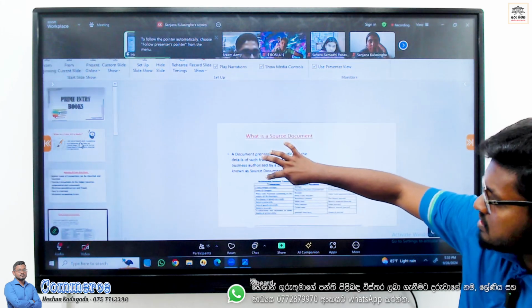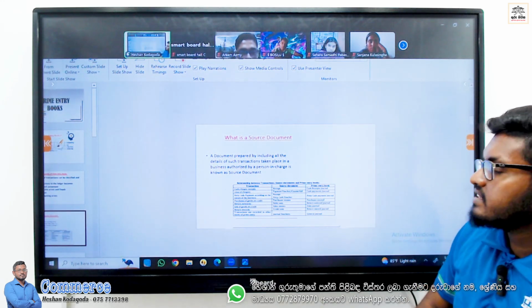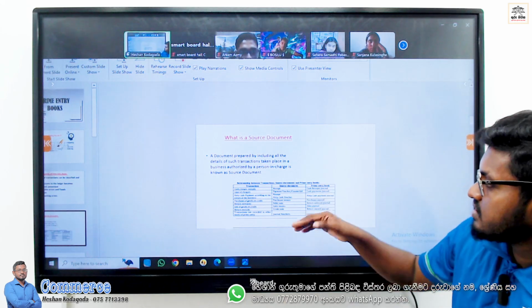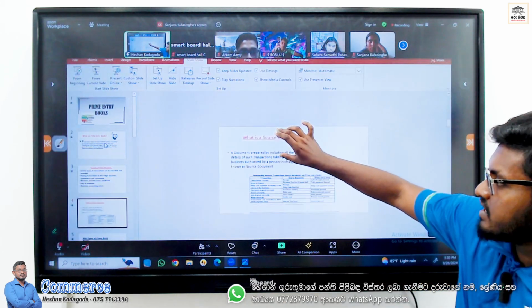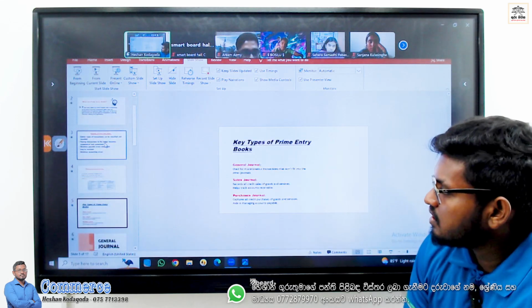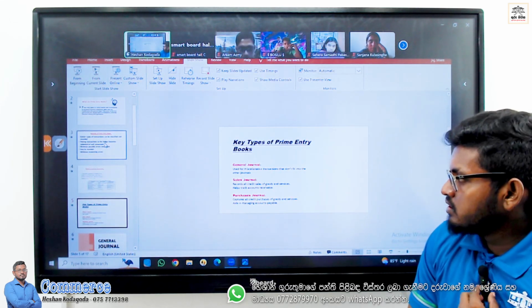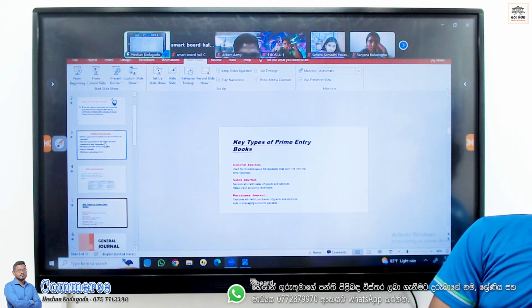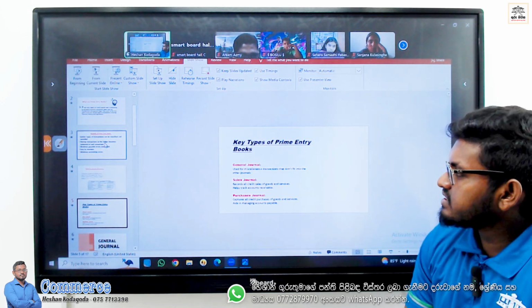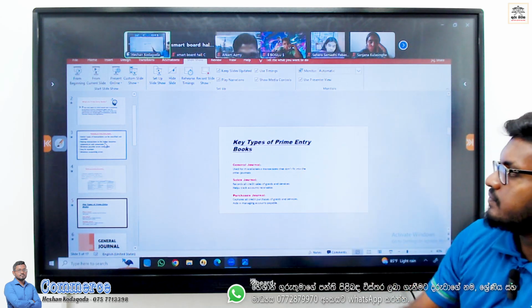In addition, the cash book and the petty cash book are the other books. So three types of primary books: general journal, sales journal and purchase journal.